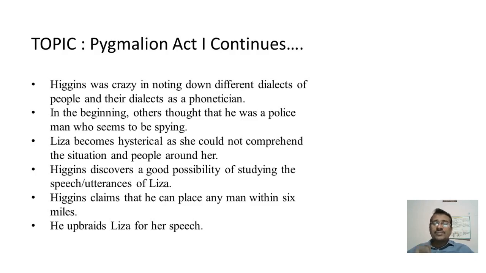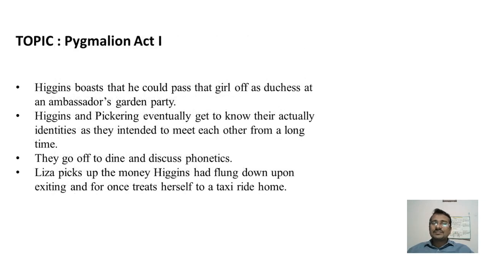And also he upbraids Eliza for her speech. Whatever she has spoken, he upbraids her. And he boasts that he could pass that girl from a flower seller to a Duchess.